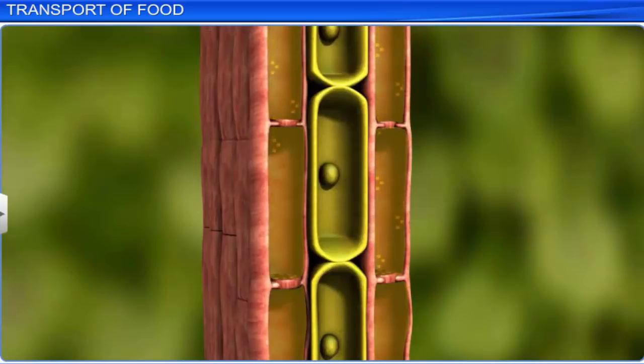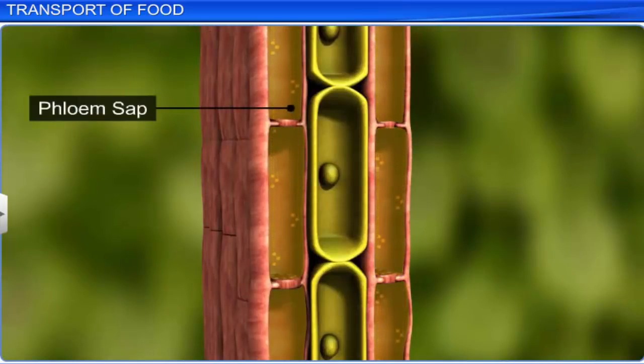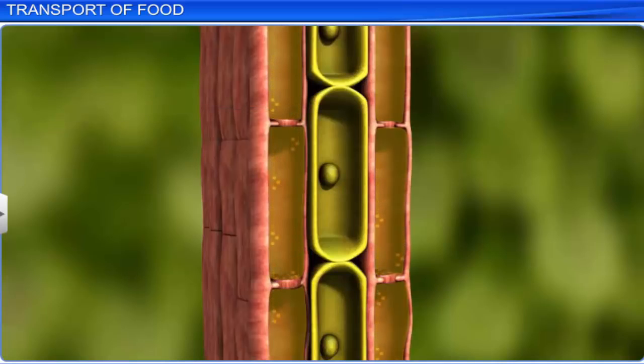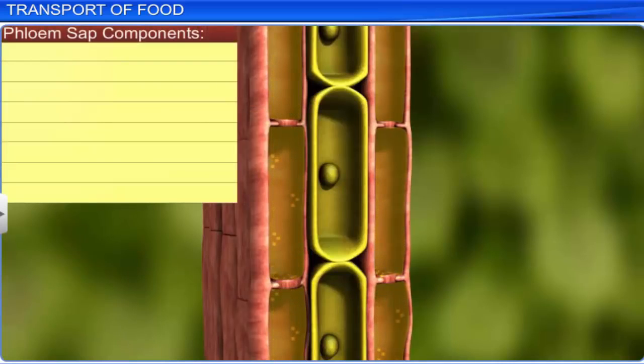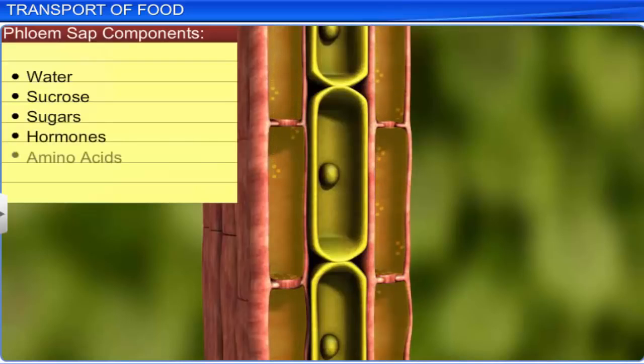The fluid that passes through these phloem cells is called phloem sap. It is mainly water and sucrose. In addition, they also transport other sugars, hormones and amino acids from time to time.